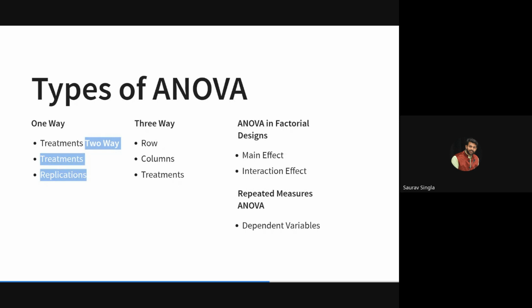Side by side he also wants to know how diet, diet 1, diet 2, and diet 3, is affecting the behavior of the human in an experiment. Now what he could have done, he could have gone for a one-way experiment and used sleep cycles as treatments in three groups.